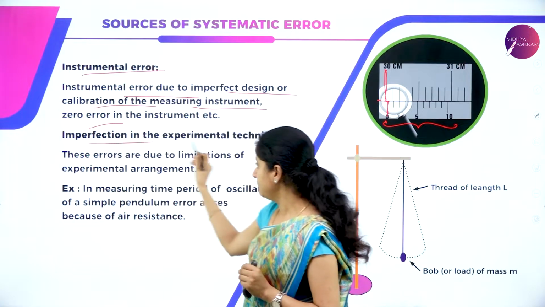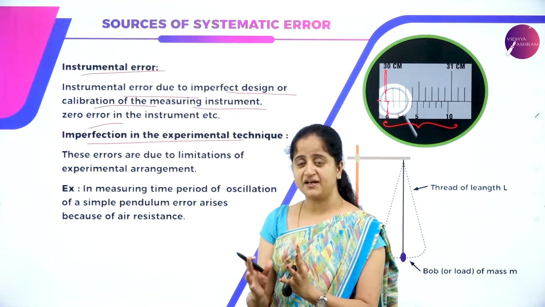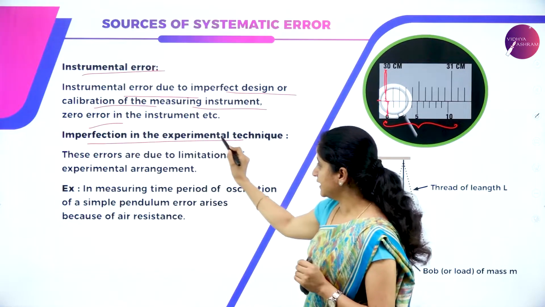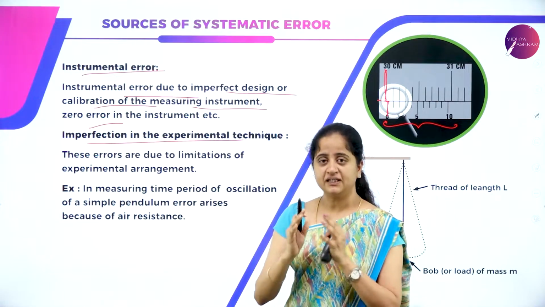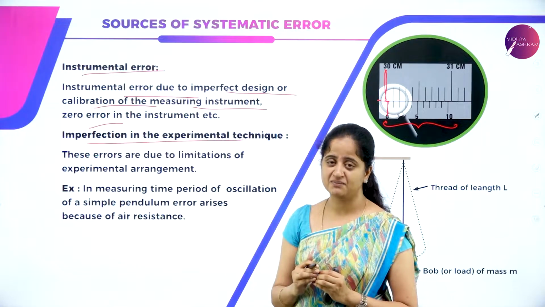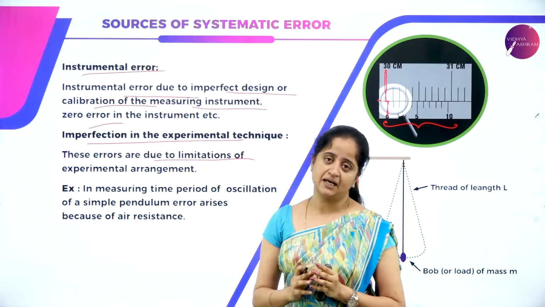And next we have imperfection in the experimental technique. And the name itself is defining the source of this error, which means imperfection in the experimental techniques. These type of errors are due to the drawbacks of the experimental arrangement, or we can say that due to limitations of experimental arrangement.